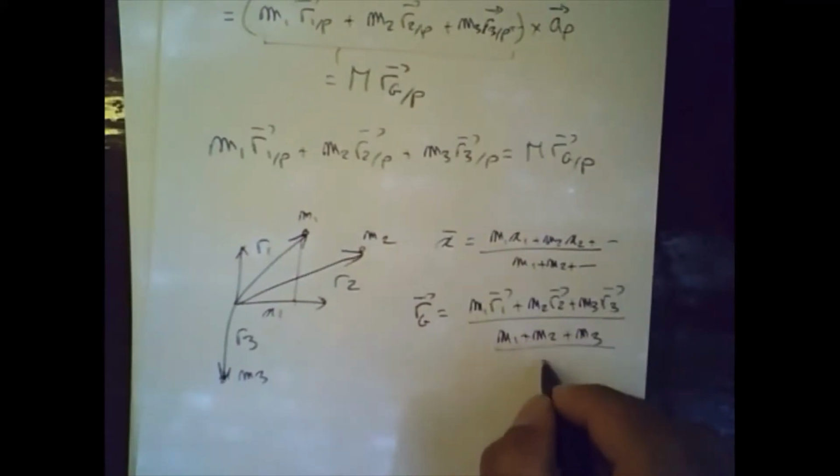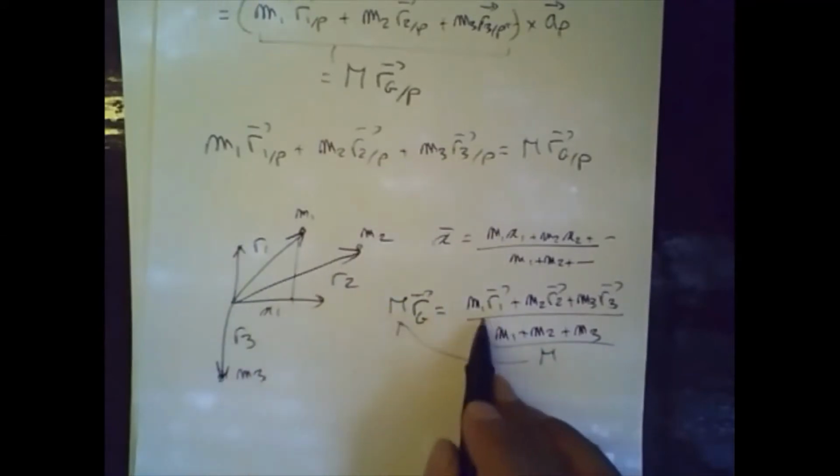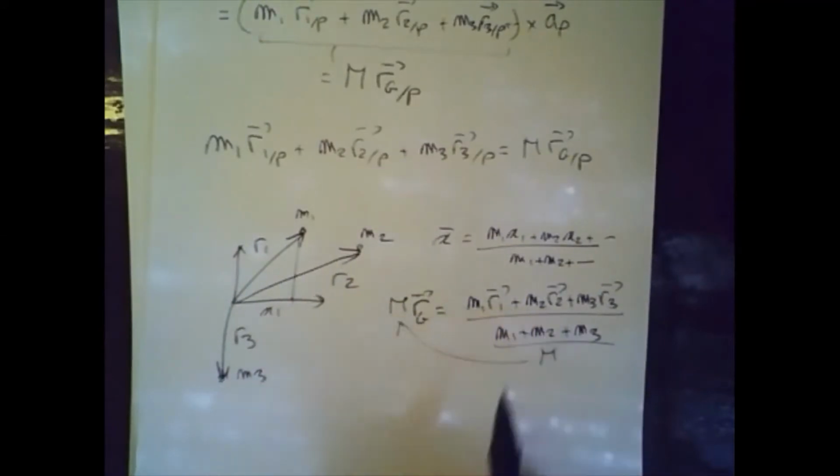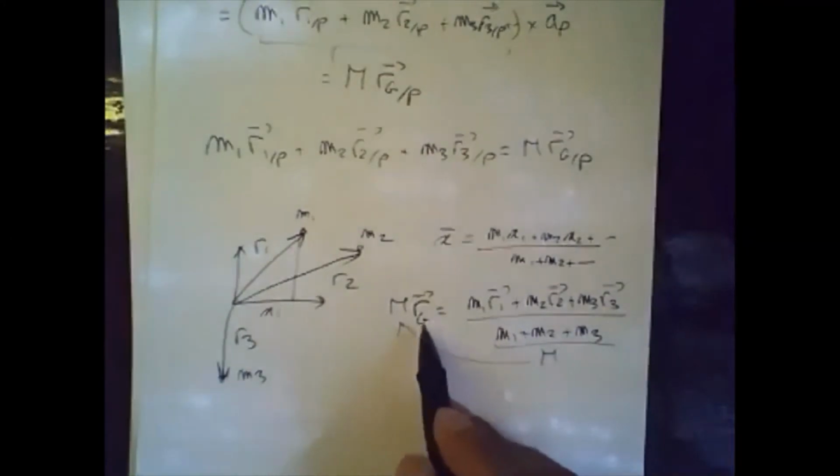So this guy is m, and I'm going to take that here. So m r_G is equal to m1 r1 plus m2 r2 plus m3 r3. This is the equation of the center of gravity, and here I have r_G.